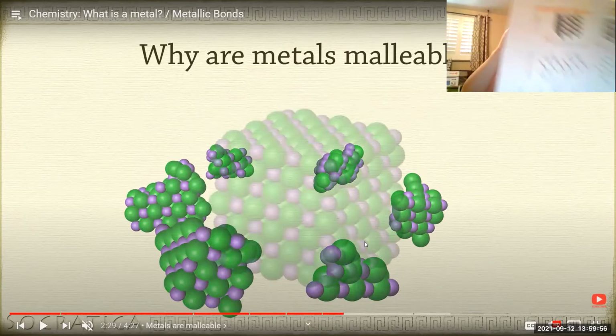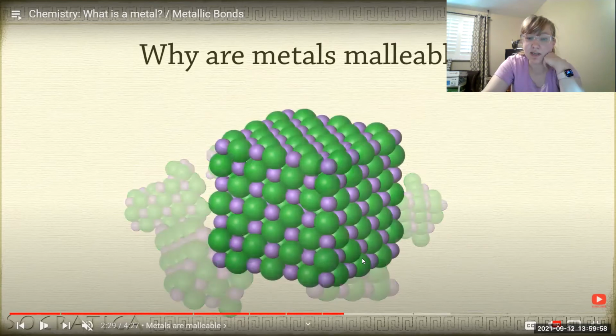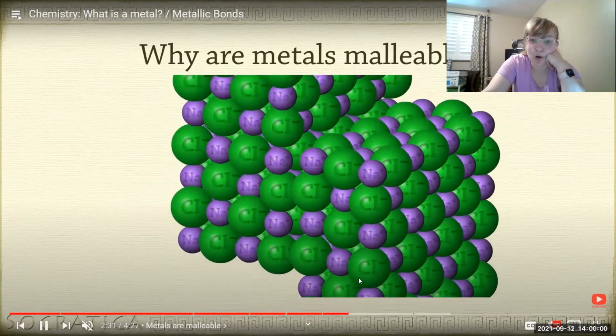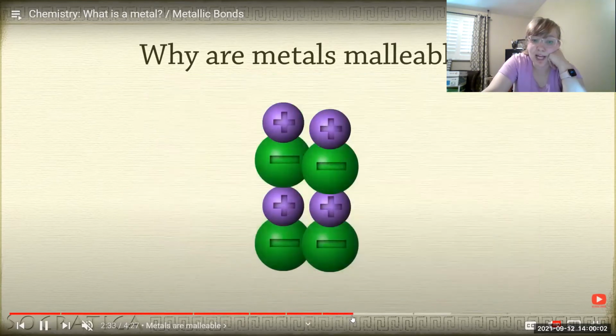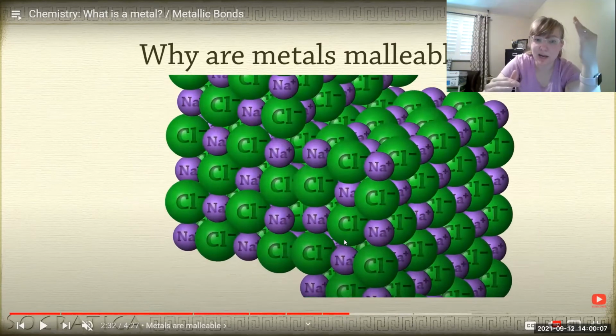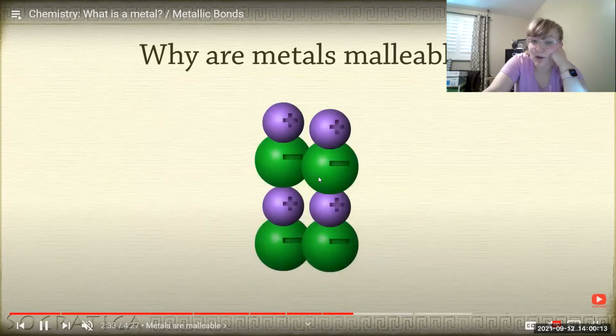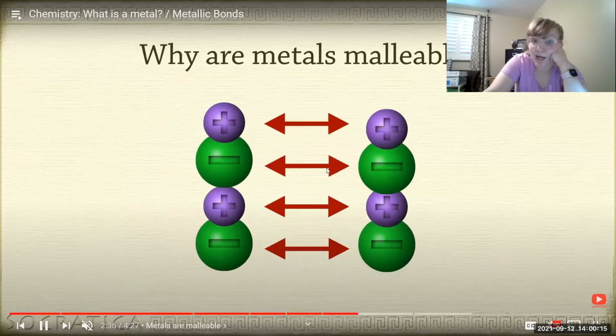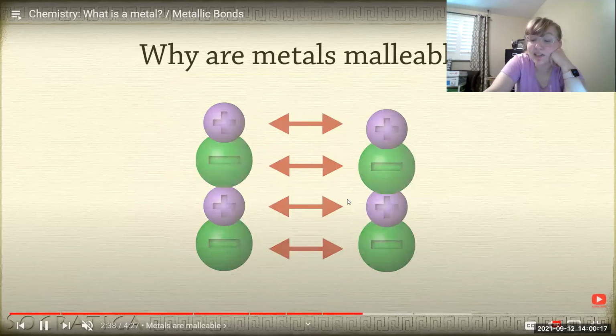Checkerboard breaks. And then it does a cool thing here where it shows why. When that hammer came in and slid one layer down, it put positive next to positive, negative next to negative. And then the atom was like, oh, wow, that totally sucks. Bye. Spreads apart.